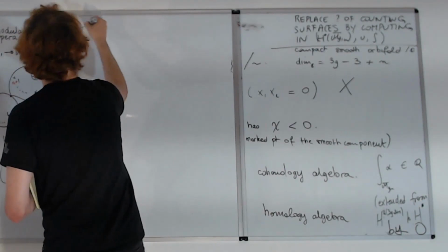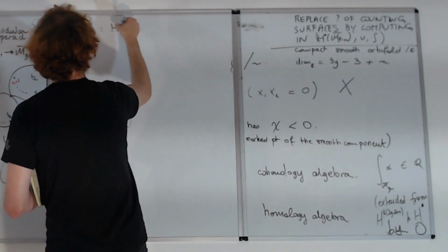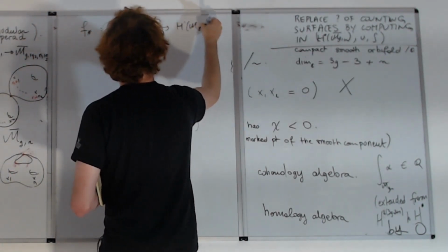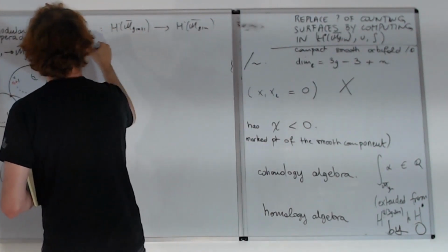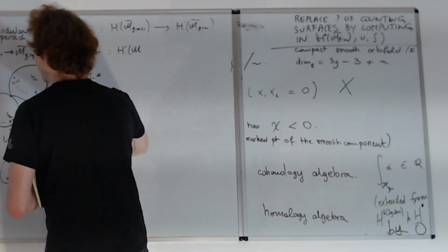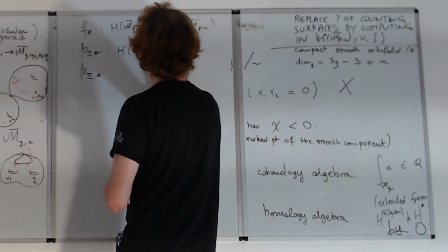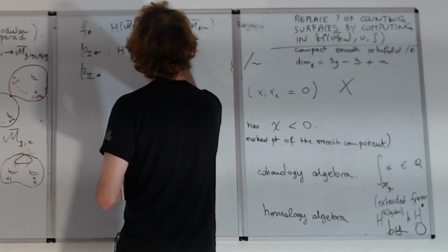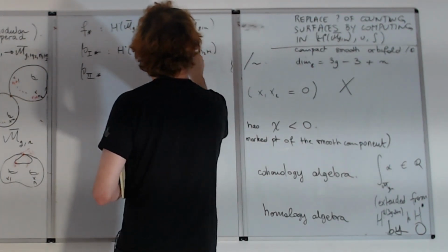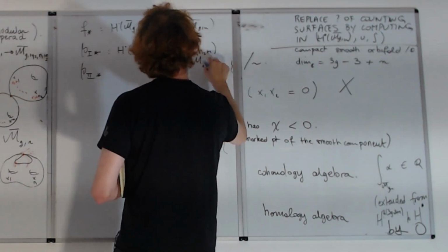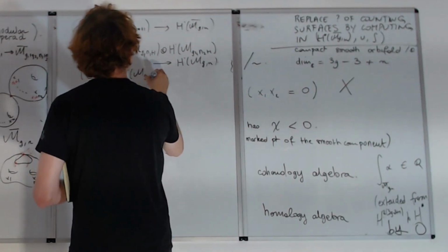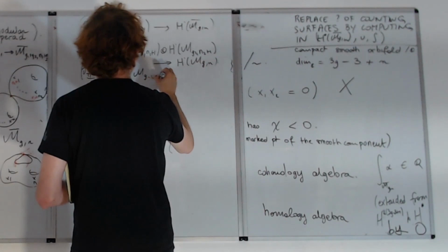So we're going to have beta 1 star, beta 2 star. So cohomology of this product is the tensor product. So we have such maps, g minus 1, n plus 2.